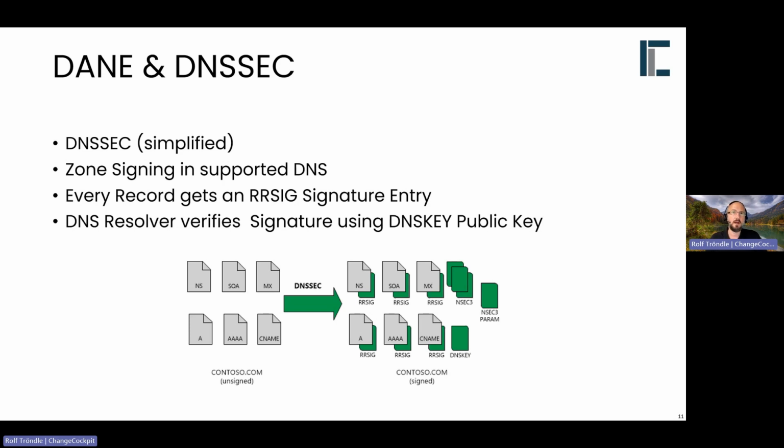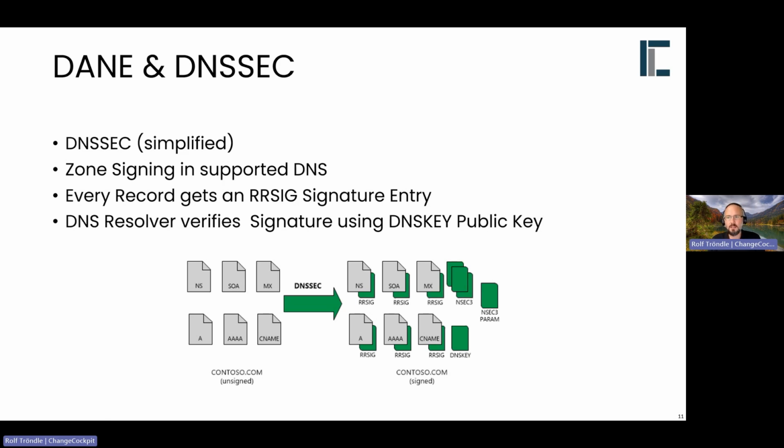This means you are able to check if this DNS record is valid. In this case, the most important record we would protect is the TLSA record. But that's the foundation to have a secured DNS resolver request.